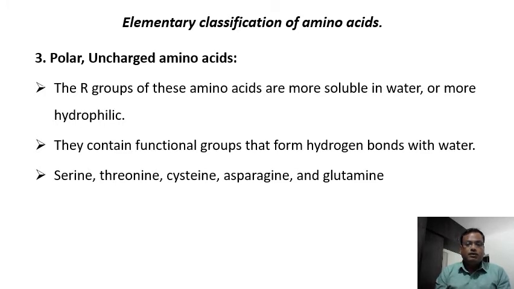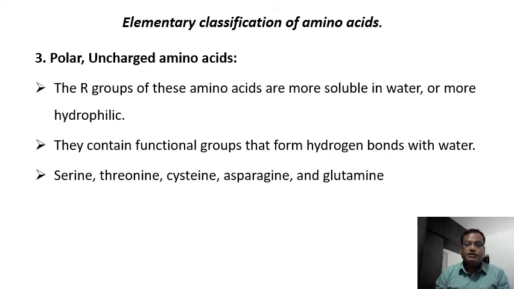And the third type of amino acids based on the R group are polar uncharged amino acids. The R group of these amino acids are more soluble in water or more hydrophilic. So in this type of amino acids, you find the hydrophilic nature, and because of this, they are easily soluble in water.